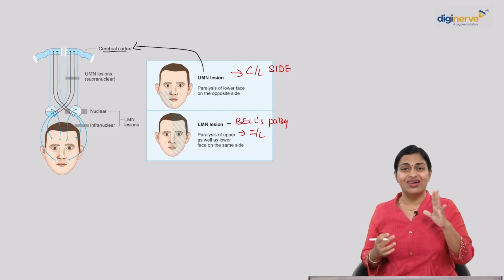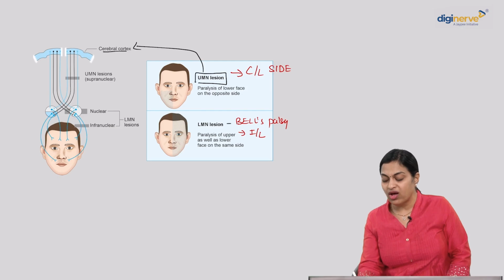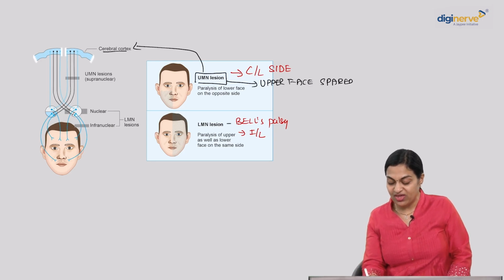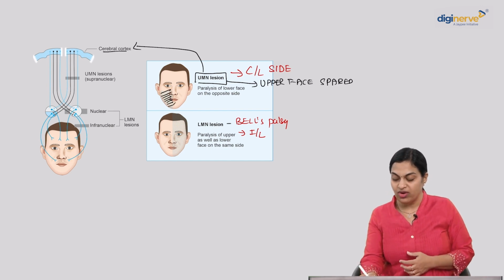Okay, and then another important thing, please remember, in upper motor neuron lesion, the upper face is spared. Can you appreciate here? This part of the face only is involved in upper motor neuron lesion.